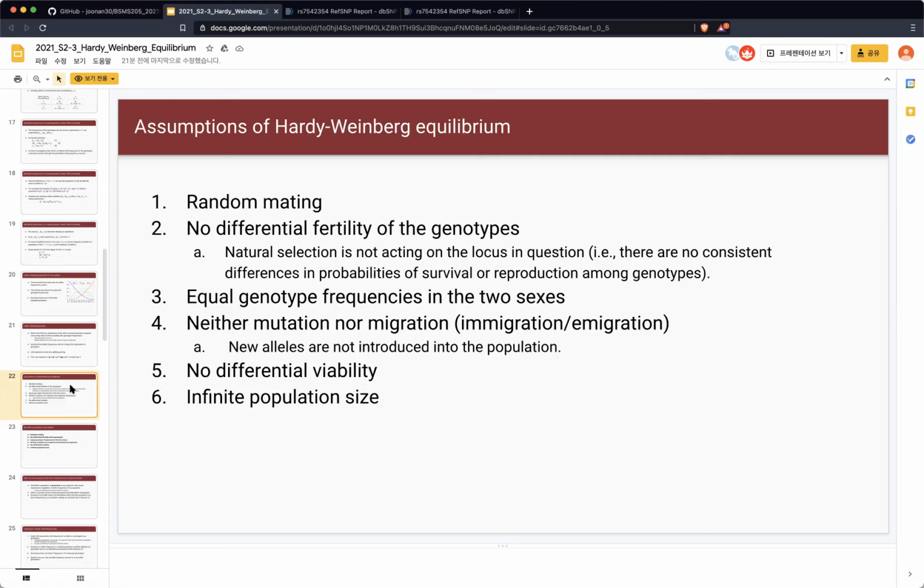The third is equal genotype frequency in the two sexes. If it is on the sex chromosome, then we can calculate the Hardy-Weinberg situation differently. Also, neither mutation nor migration should happen, and there is infinite population size. Those are all the assumptions under which the Hardy-Weinberg equilibrium works in our genome.